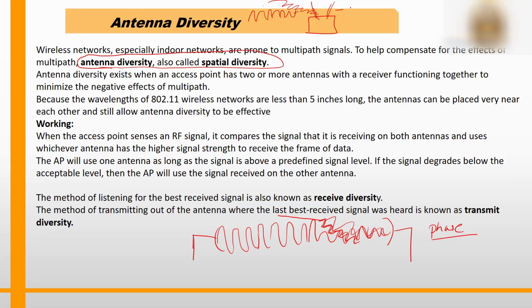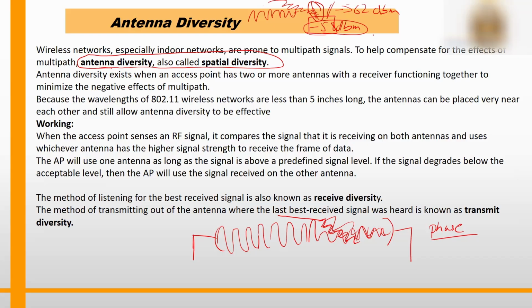Suppose this antenna is detecting the signal at minus 62 dBm, and another antenna is receiving the signal at minus 58 dBm. The access point will choose the antenna and signal with the better power, and from that it will interpret the signal.